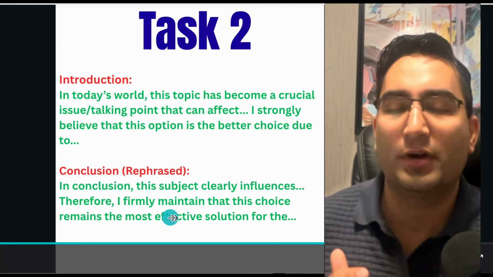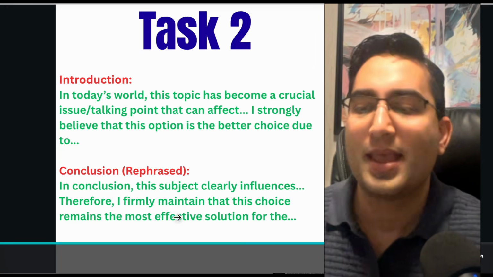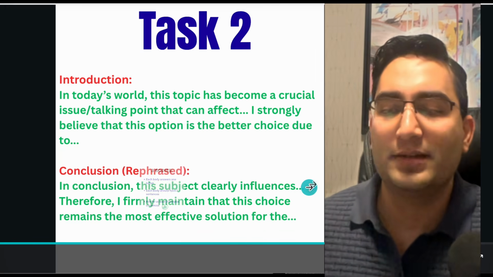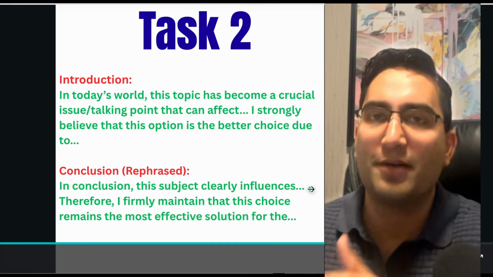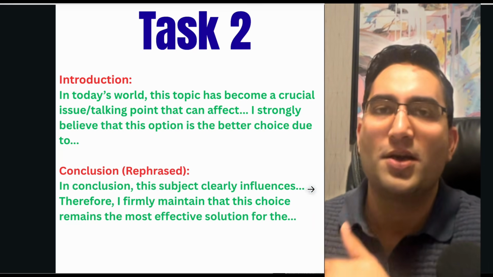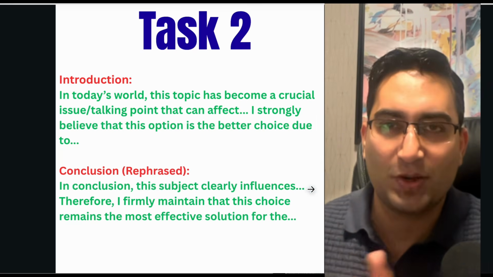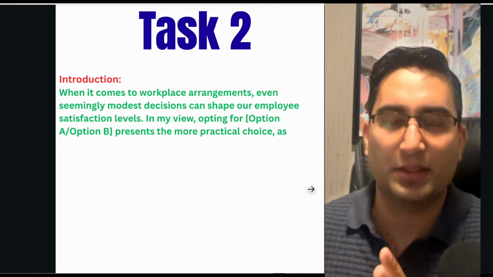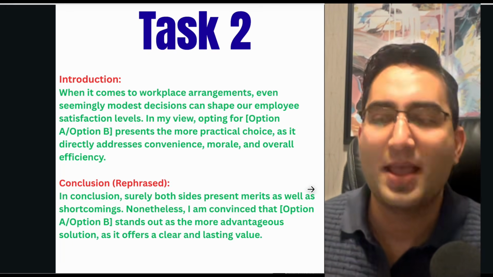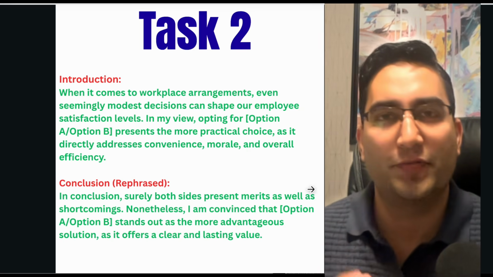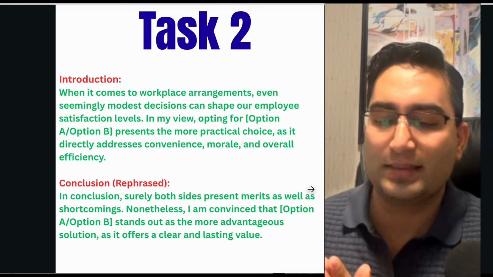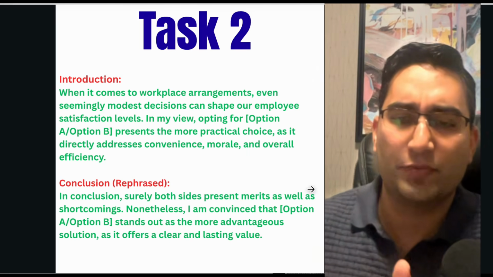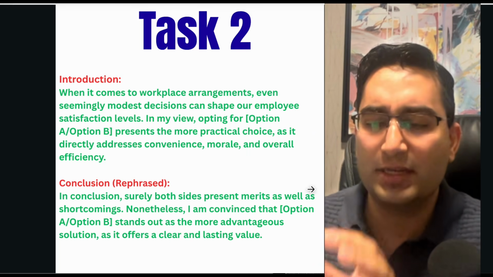Here we're saying I firmly maintain, rephrasing it, that this choice, mention the choice here, remains the most effective solution for the staff, for the environmental reasons, for our betterment, and so on. This is one example if we're talking about big topics like affecting the world, the government, and so on. But a lot of your survey questions are also very specific. For example, it is a debate in the office regarding should we build a gym or should we build a restaurant, things like that, very specific things.